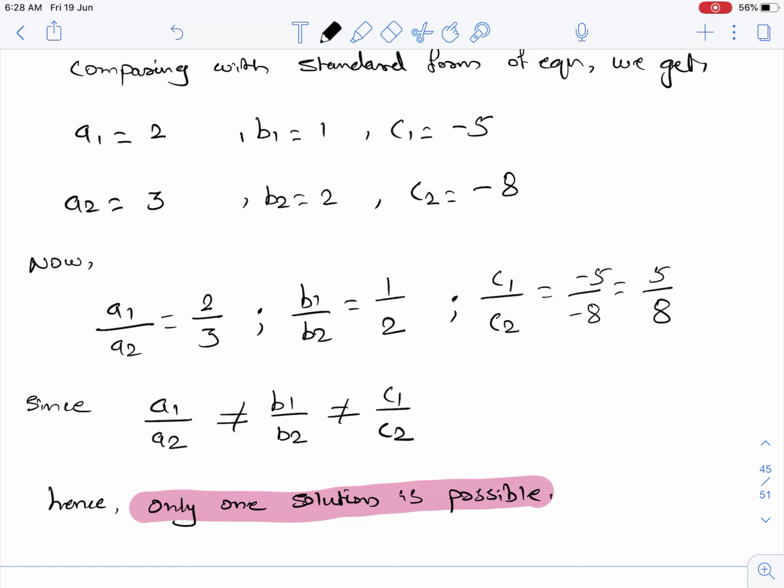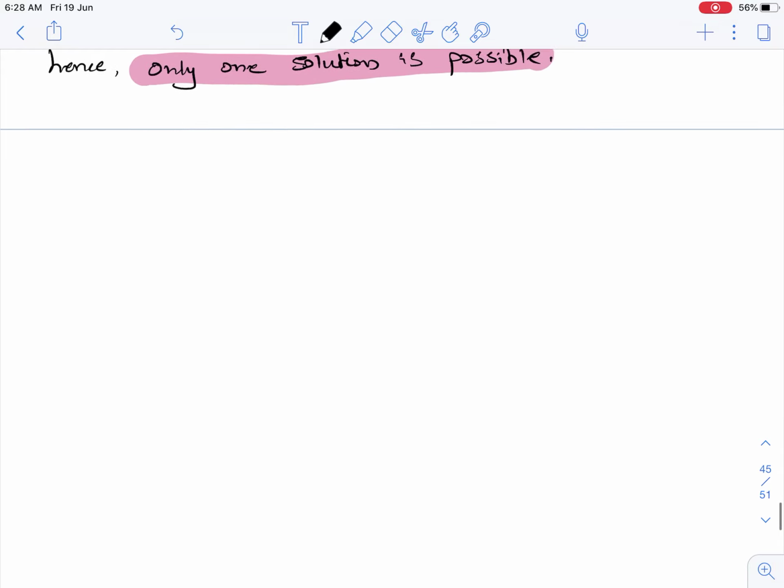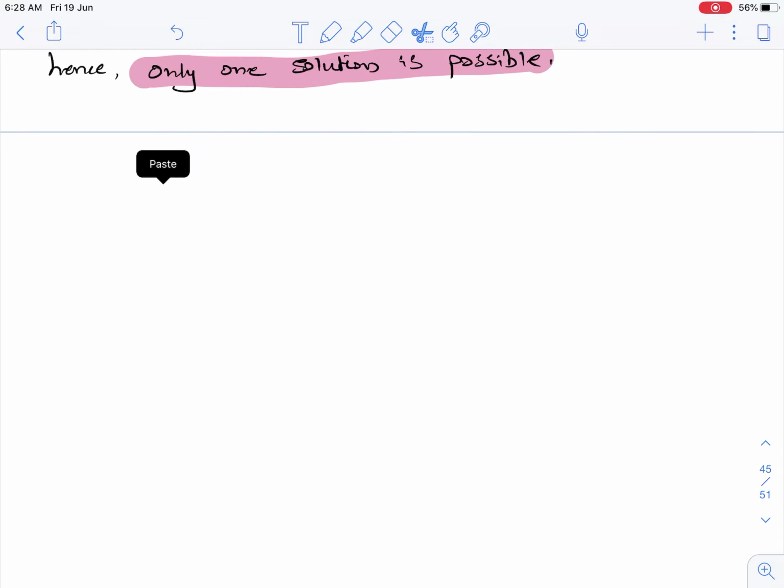Now what we are going to do is find the solution of the same equation by three different methods. Every time we should get the same answer. So our question is 2x plus y equals 5 and 3x plus 2y equals 8.